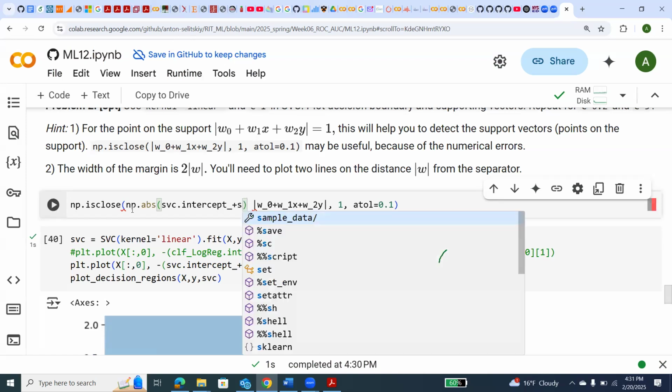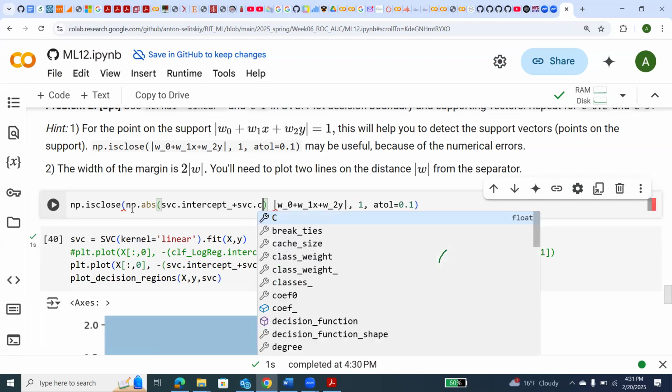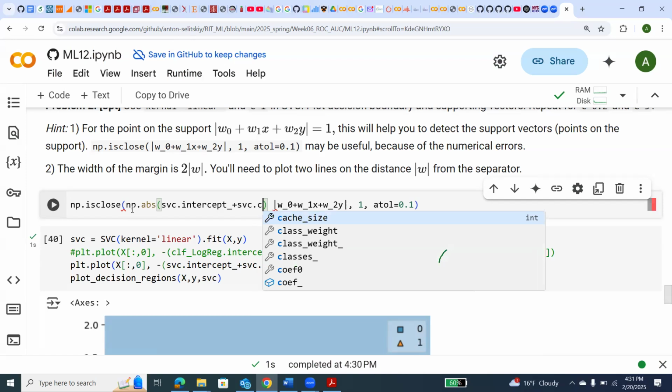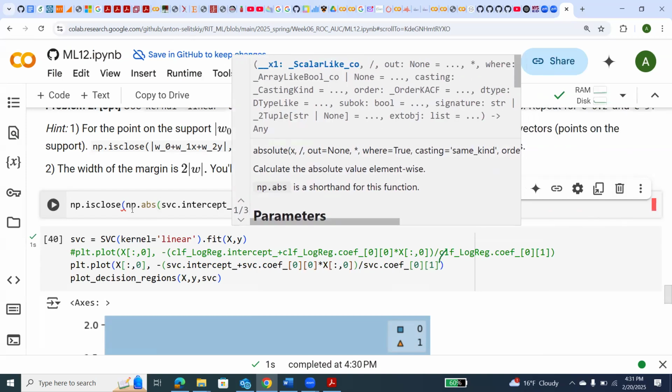W1 is the first coefficient times the first feature plus the second coefficient times the second feature.